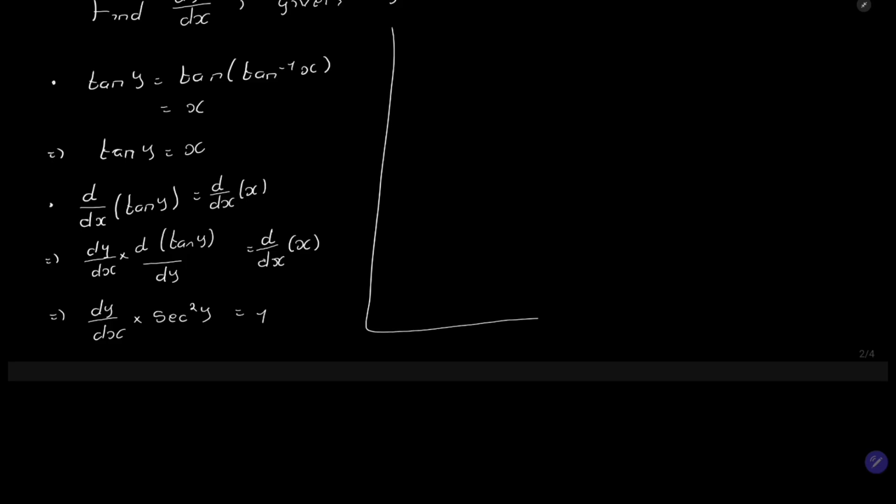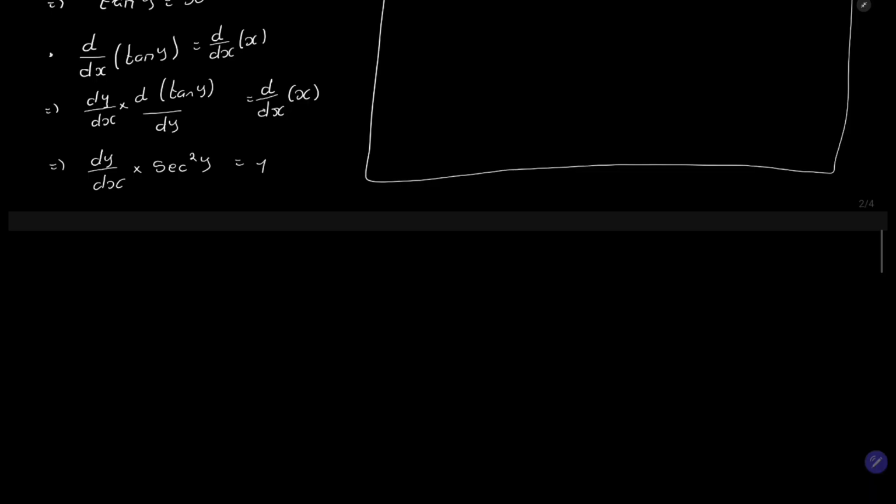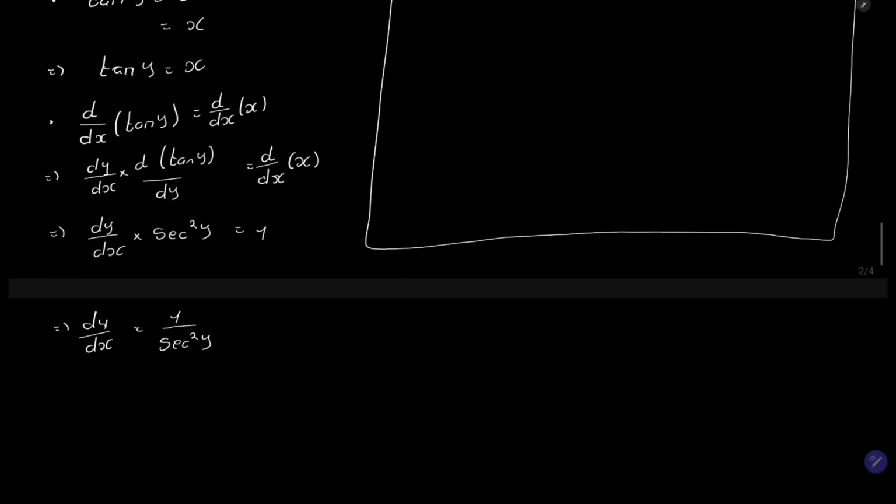So just as in the previous examples, we are going to use trigonometric identities in order to express sec squared y in terms of x. So from this, let's first of all make dy/dx the subject of the formula: 1 over sec squared y. After this, we then need to express sec squared y in terms of x.